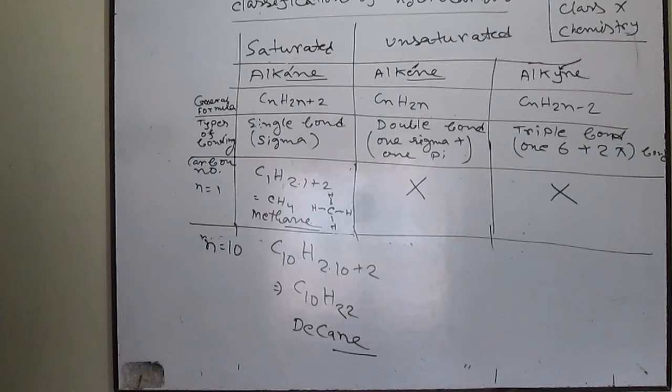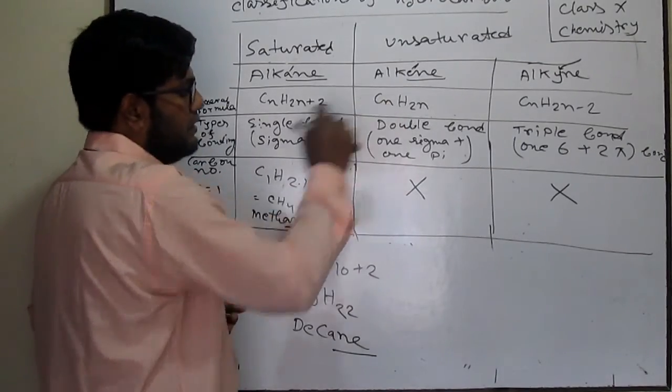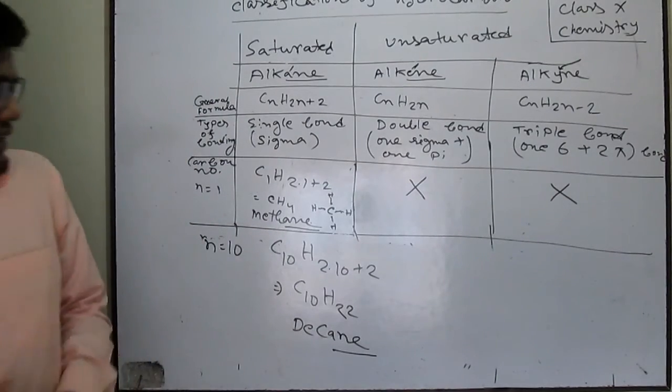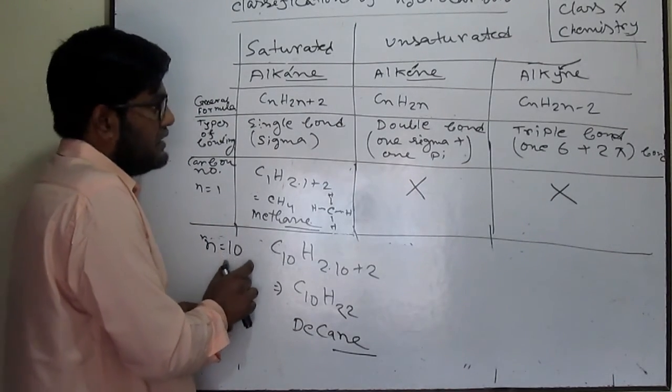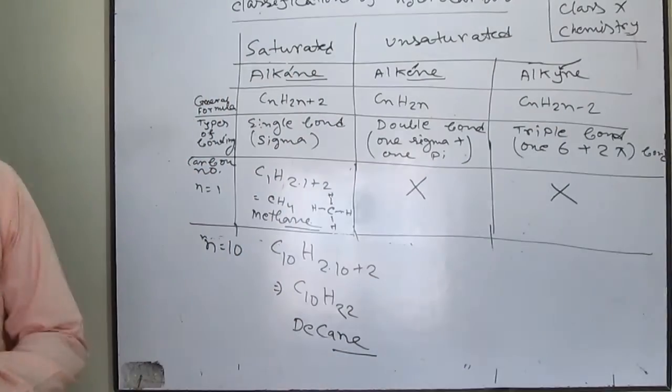Similarly, if you write the value of n here, you will get the structure of decene, and if you write the value of n is 10 here, you will get decyne.